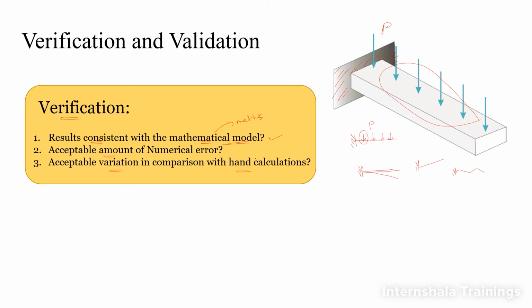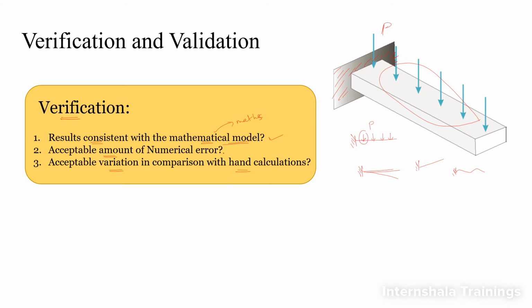This is one basic example of checking the results and stating whether they are consistent with the mathematical model or not. And please remember, this is a very simple way of explaining. It requires a lot of other theory to understand these steps in more detail.